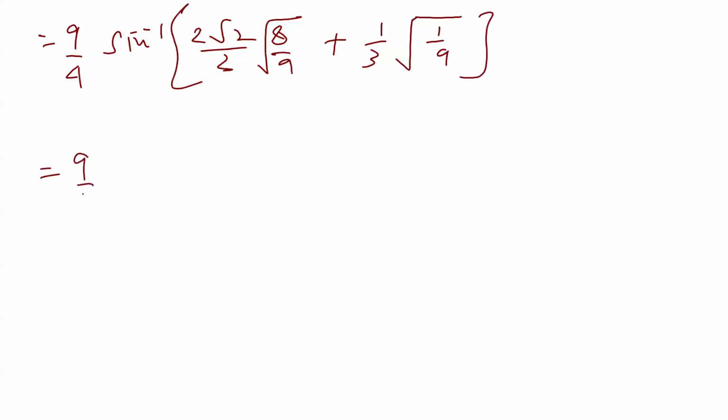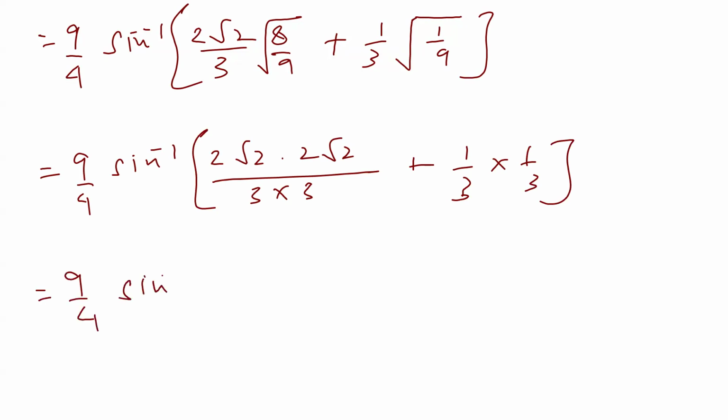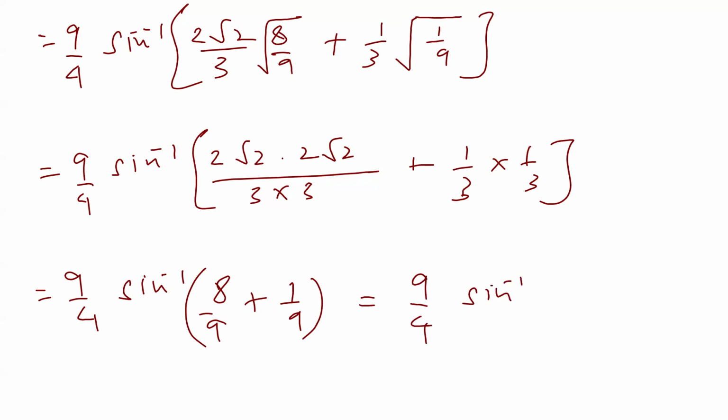Okay, so 9 by 4 sine inverse 2 root 2, and root 8 is also 2 root 2, over 3 into 3, plus 1 by 3 into 1 by 3. So 9 by 4, sine inverse of 2 root 2 into 2 root 2, that is 4 into 2, 8 upon 9 plus 1 upon 9. So 9 by 4, sine inverse of 9 by 9, 9 by 4, sine inverse of 1.